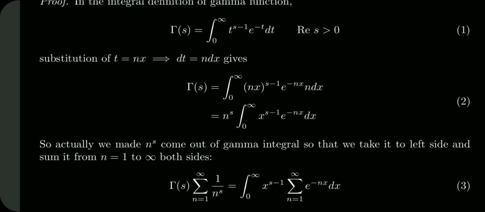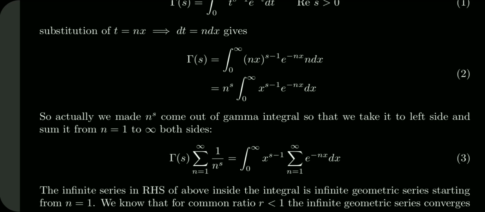We take it to the left side, that is on the LHS, and sum it from n is equal to 1 to infinity, on both sides. So when I take n to the s to the LHS, it goes into the denominator, and on both sides we sum from n is equal to 1 to infinity.